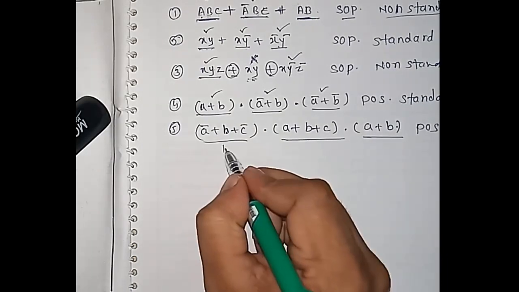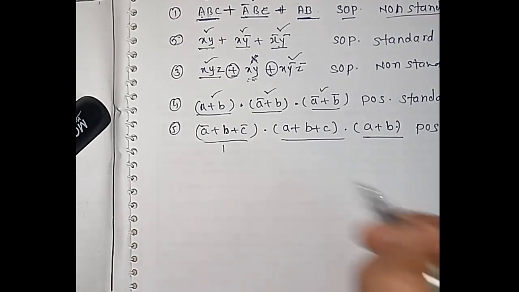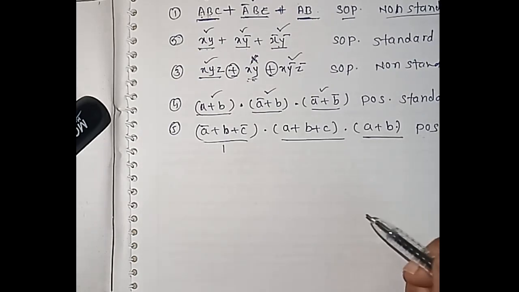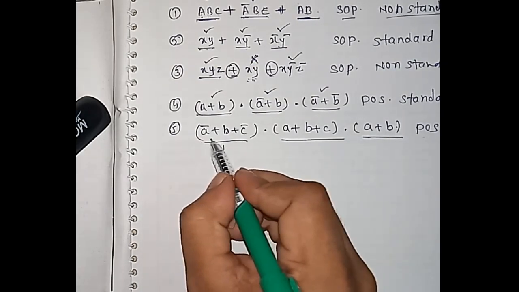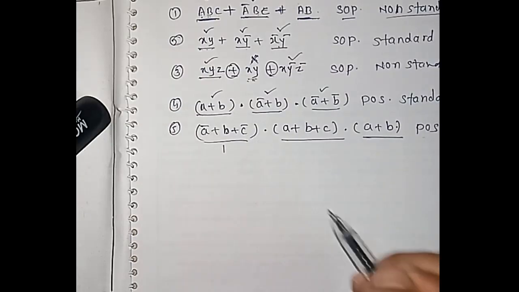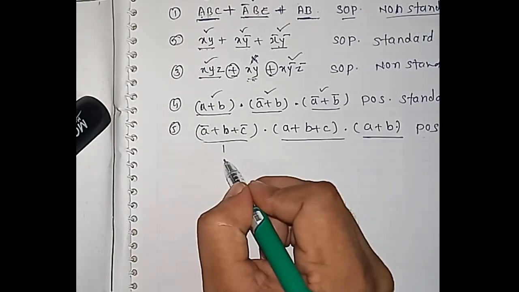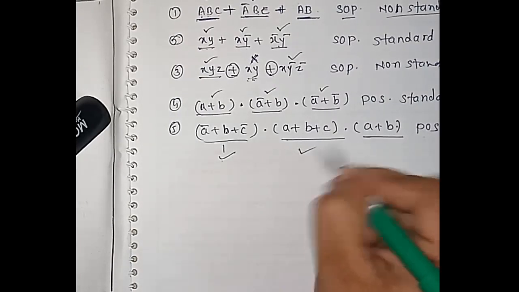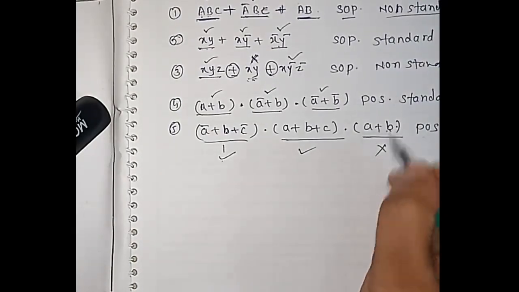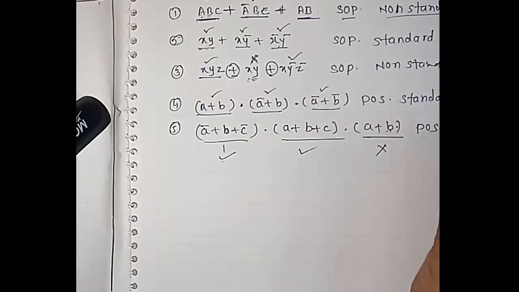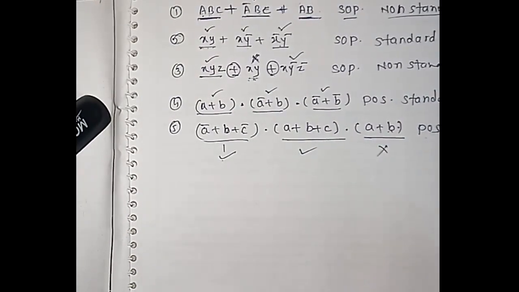Then find out the standardness or unstandardness of this POS equation. For that purpose, find out the maximum literals, in total how many literals there are: A, B, C. The first term consists of all literals, so this is valid, this is also valid, but this is not valid because one literal is missing, so this is a non-standard form of POS equation.